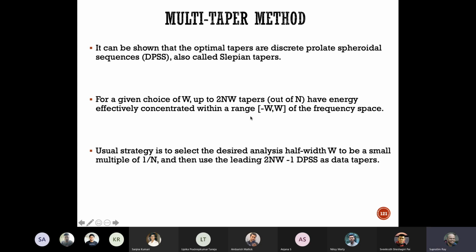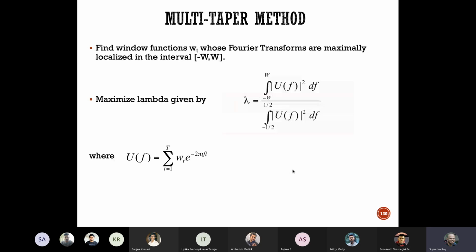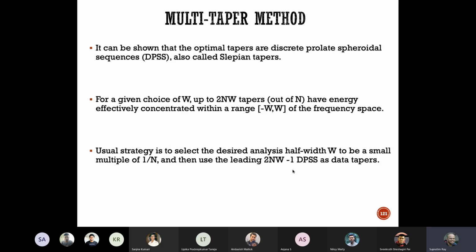And so for each trial, I'm going to get 2NW minus 1 estimates of the power. Okay, this is actually fairly involved. So I'm going to apply this on the data now and show you what this is. So, yeah, that's the math.